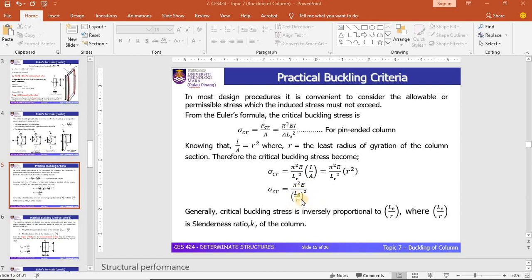The denominator term, LE over R, refers to the slenderness ratio, and we can denote it by K.